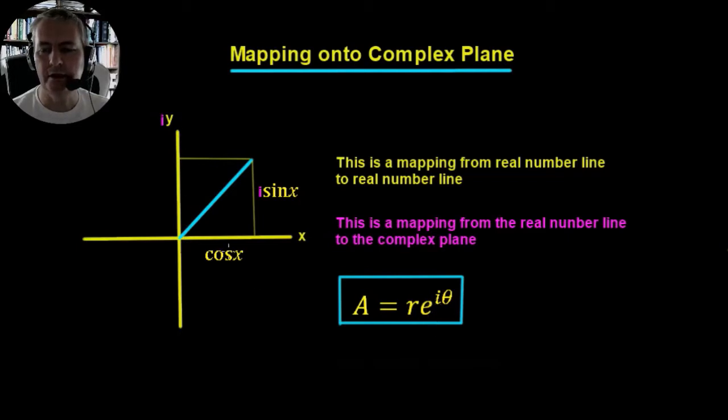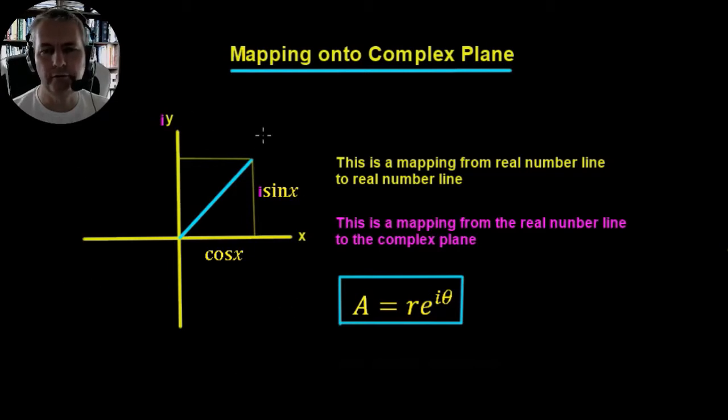So e to the i theta maps the real number line onto the complex plane in such a manner that it maps out a circle, a rotating phasor. That's different from taking that i away, where we would have the real number line and simply the cosine function and the sine function mapping out a circle.